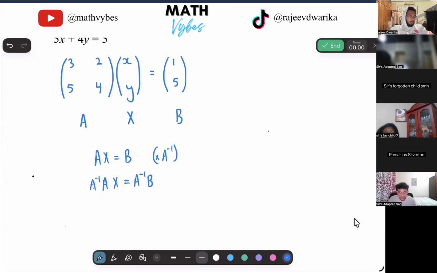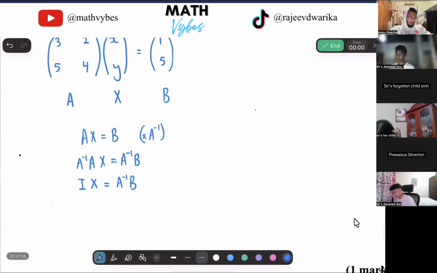Yes. Okay, why do we want this to happen? What is A inverse by A? The what matrix? The identity. Right. And what is so special about the identity matrix? It will give you back the same thing.